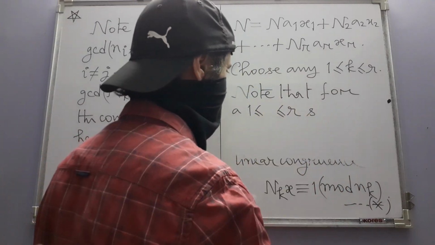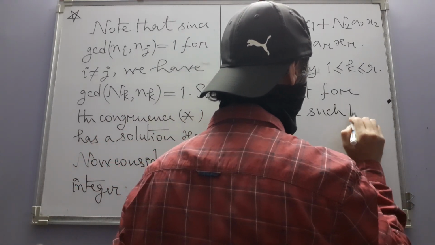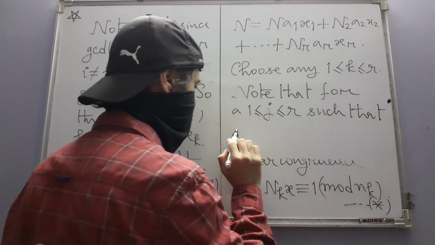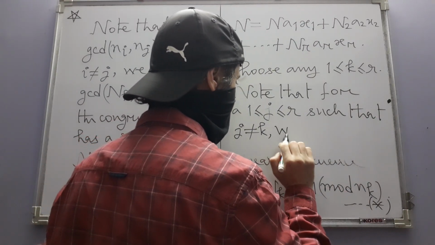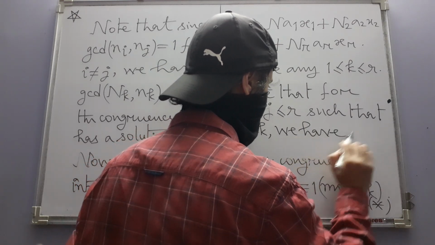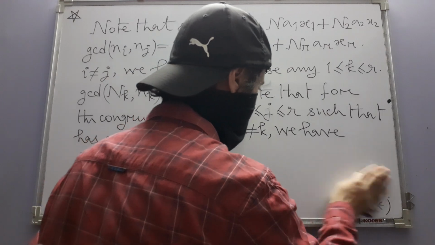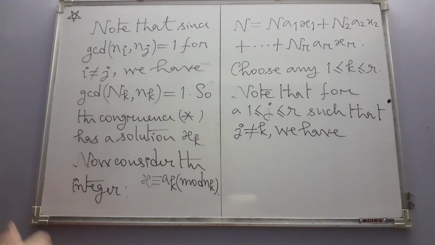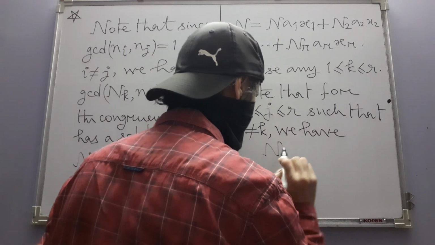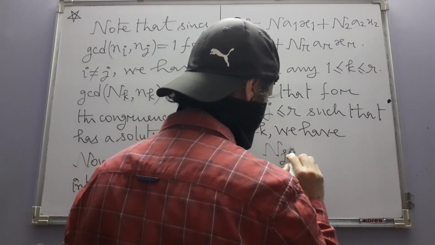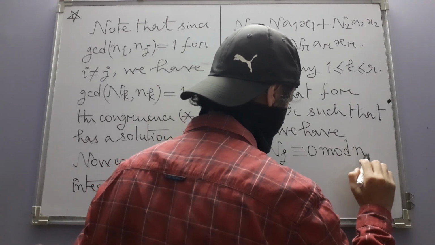I wanted to write something else, j, such that j is not equal to k, we have this Nj is congruent to 0 mod nk.